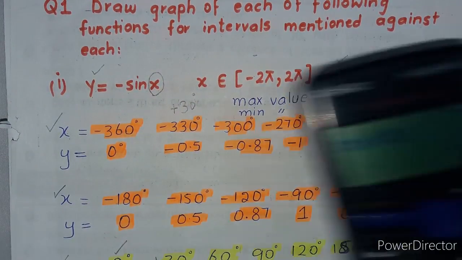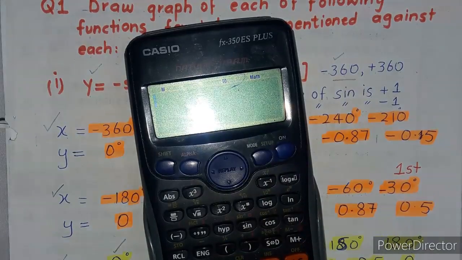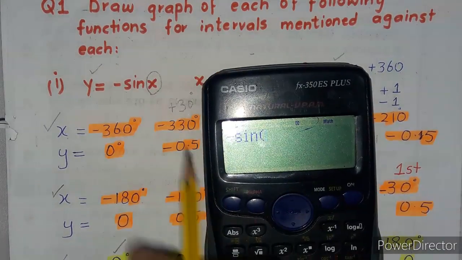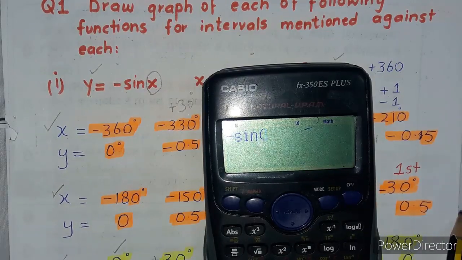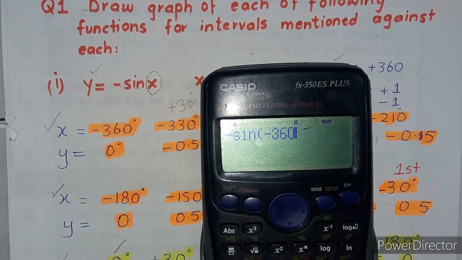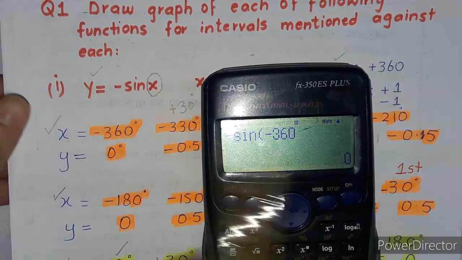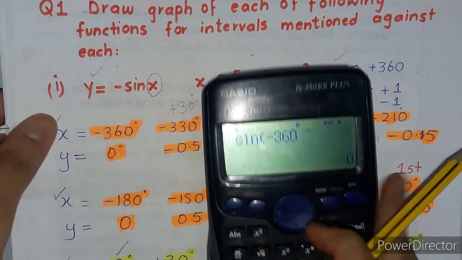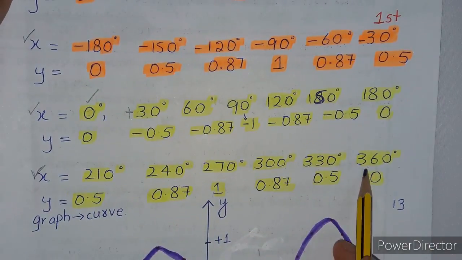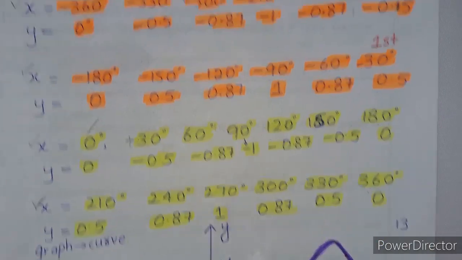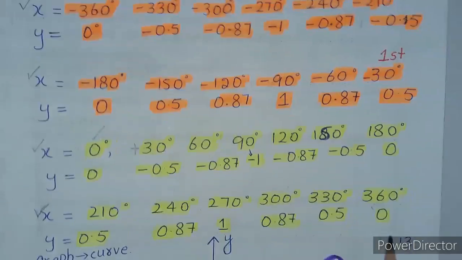How can we find it? We will put minus sine x in the calculator. For the first value, minus 360, putting that we get 0. We will put 0 here, and minus 360 and positive 360 will have the same value, so we put 0 here and here.